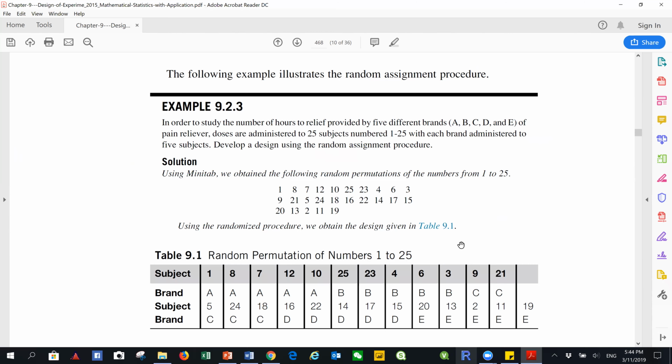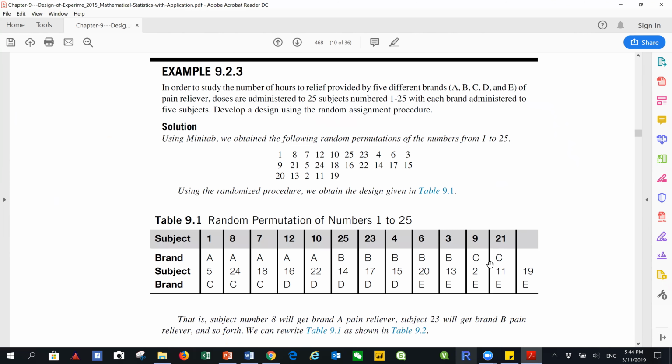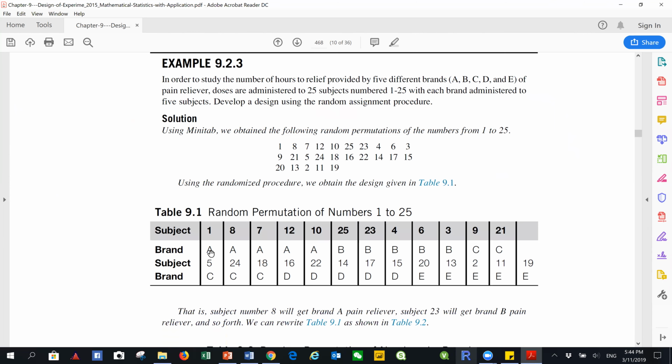So here we develop a design using the random assignment procedure. In other words, how do we assign these 25 subjects to different dose levels? We randomly assign these subjects to A, B, C, D, E without any order, all by chance.